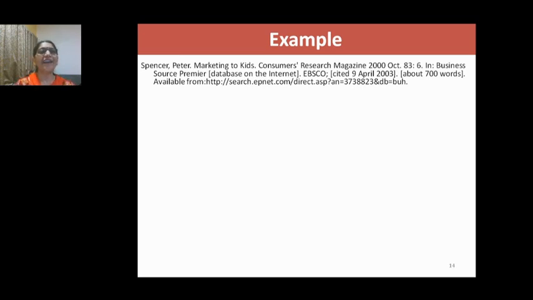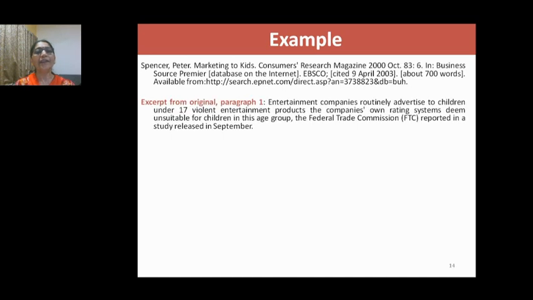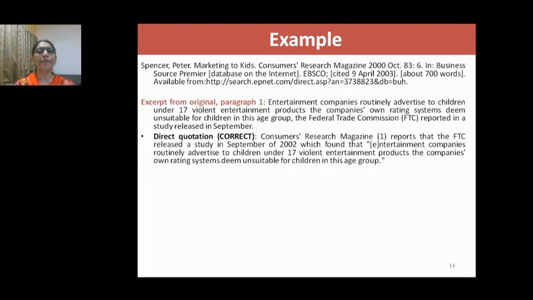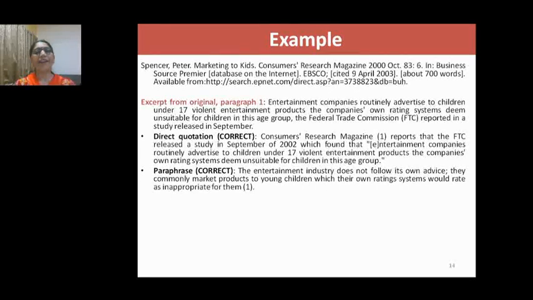It is one of the citations given here, and regarding the original paragraph, here one of the researchers has given a quoted example, and according to the example, the researcher has used a direct quotation and has put it in quotation marks. In the next example, you can see paraphrasing.